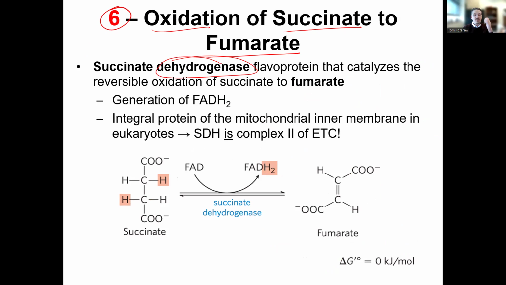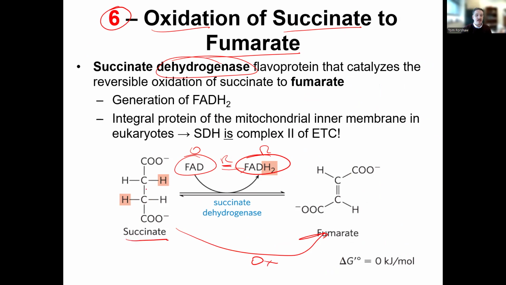So we know with dehydrogenase, we're going to be catalyzing some kind of reaction where a nucleotide is reduced to its reduced form, so oxidized to reduced, it's a reduction. But in doing so, you get an oxidation, the oxidation of succinate, which results in going from the alkane to the alkene.